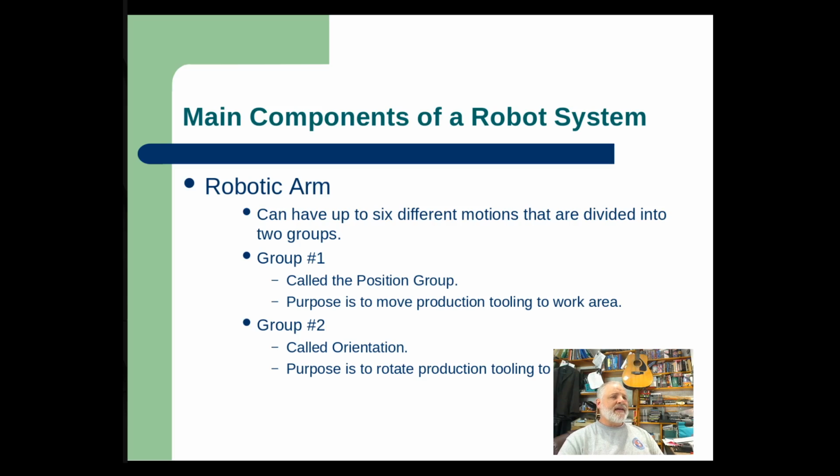And then the second is the orientation. Once we get the tooling where we want it, we also have to rotate it or point it up or down. That is done by the last 3 axes, 4, 5, and 6.